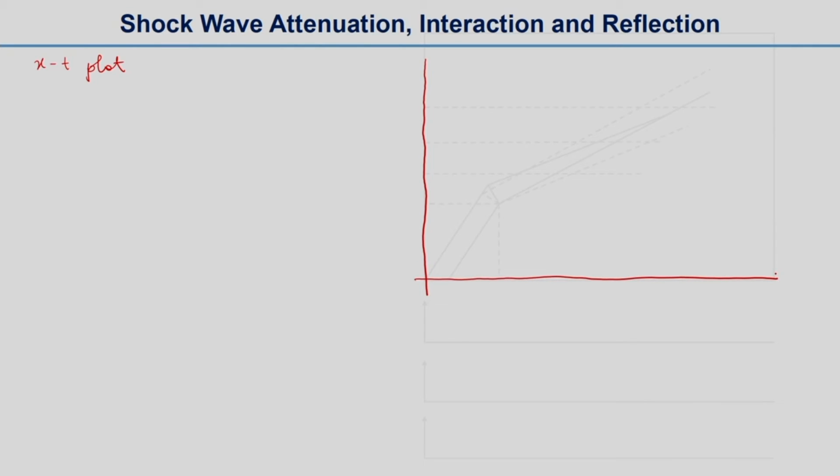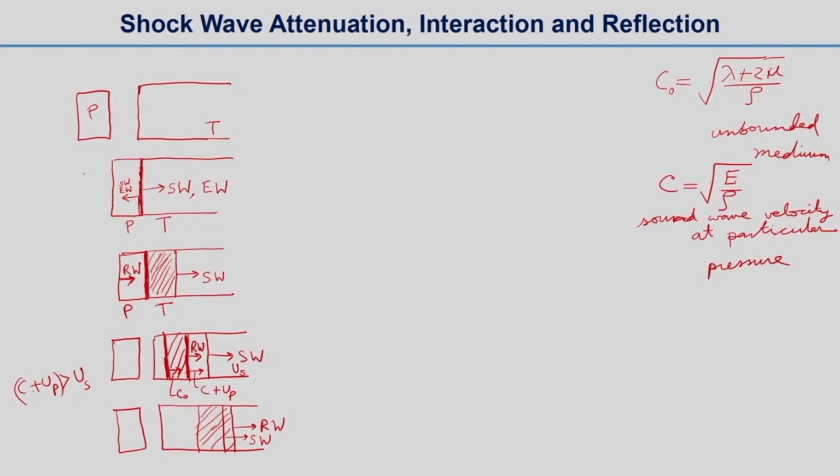So, we have x on the x axis and t on the y axis, that is time, and what we can say is that the projectile thickness is d naught, and then our target is semi infinite.